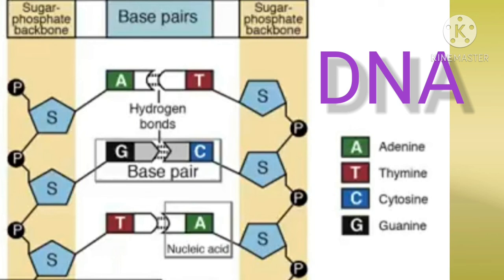The deoxyribose sugar and the phosphoric acid constitute the backbone of the DNA polynucleotide, joined together by a phosphodiester bond. The nitrogen bases in 2 strands are paired through hydrogen bonds that form the base pairs.